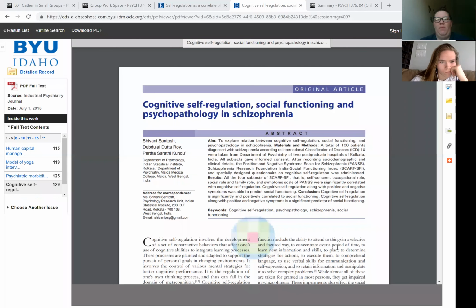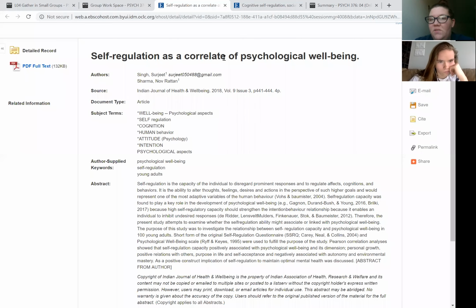Super. And for mine, I posted this morning. I was supposed to have posted earlier, but I get around to stuff when I get around to stuff sometimes. I chose this article about cognitive self-regulation. Heather posted one about cognitive self-regulation as well, and how it correlates with psychological well-being.